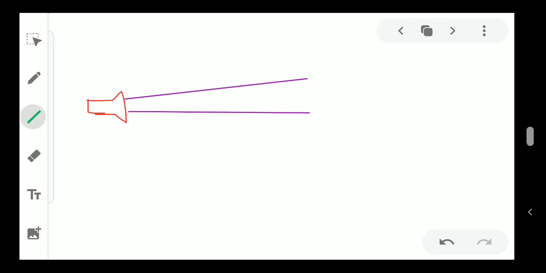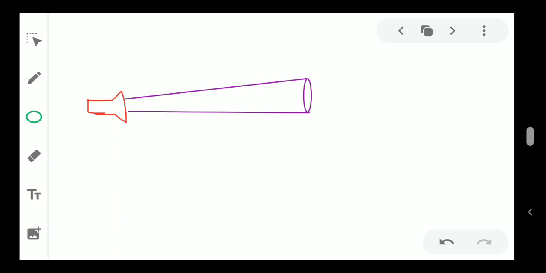Let's say I have a torchlight where I can control the exposure. I can adjust the torchlight in such a manner that if I want to illuminate only a portion of a place, I can do so.